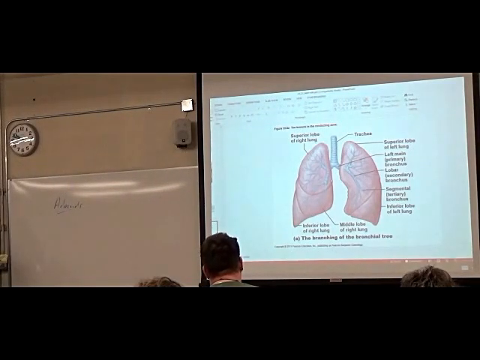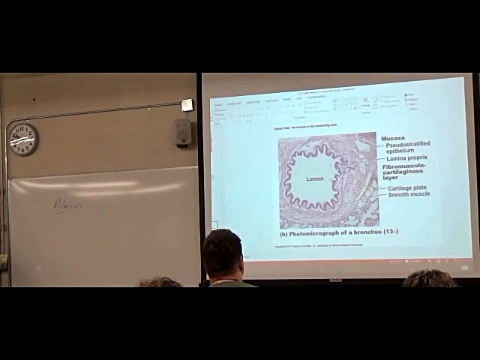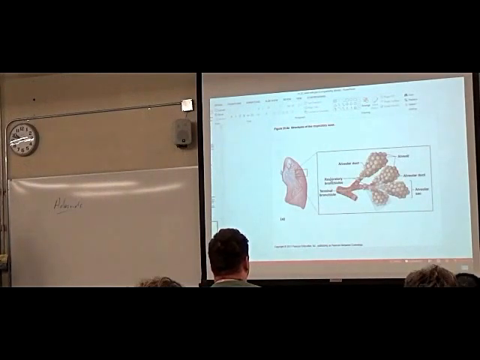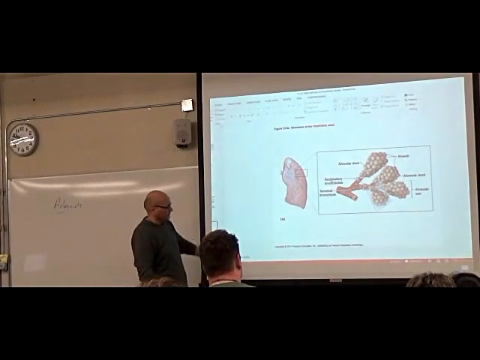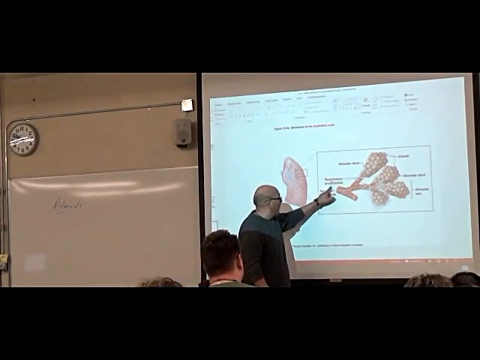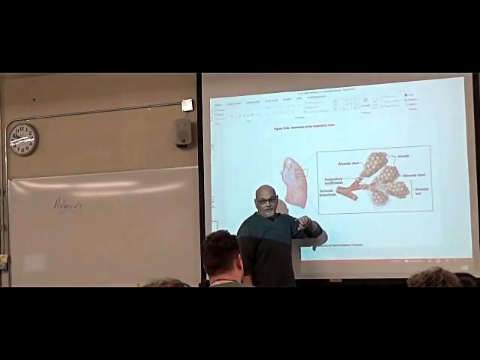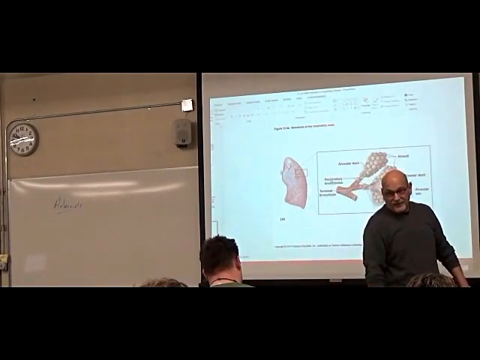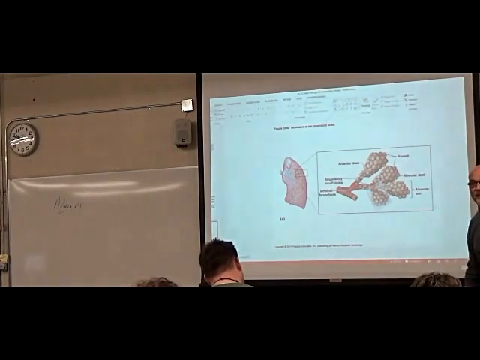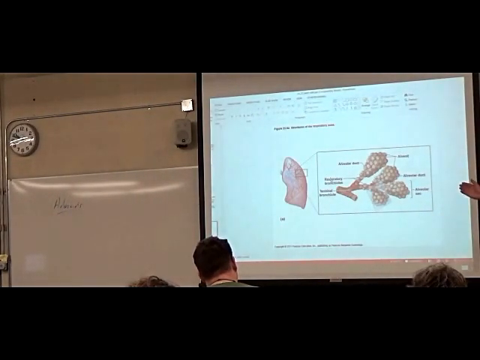As we go along here, we're now at the terminal end, the respiratory zone, at the terminal bronchioles, which are made primarily of smooth muscle. Why? Because this is where dilation and constriction takes place, just in front of the alveoli.